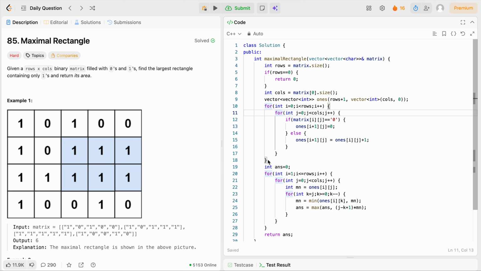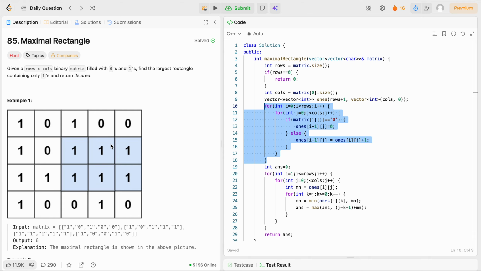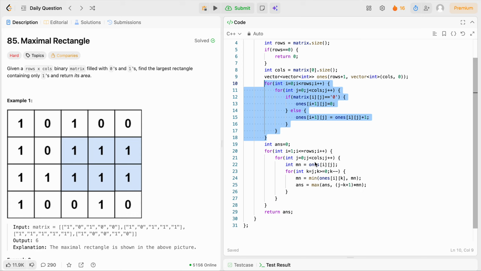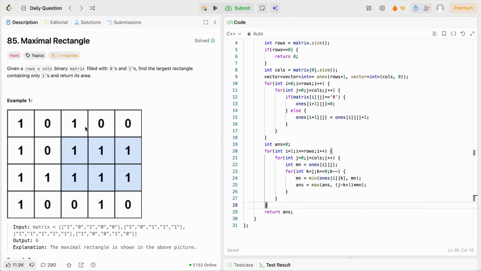So first we calculate the number of ones for every index, and then for every index we find out the maximum rectangle area that we can get by going in this direction, right?